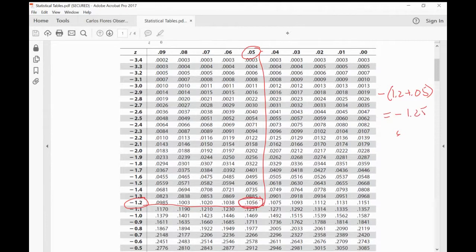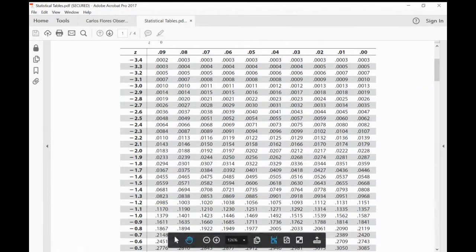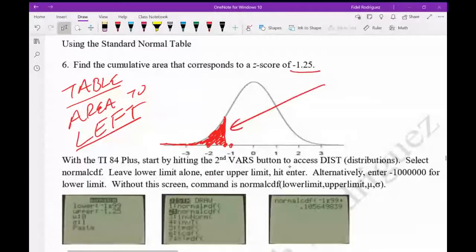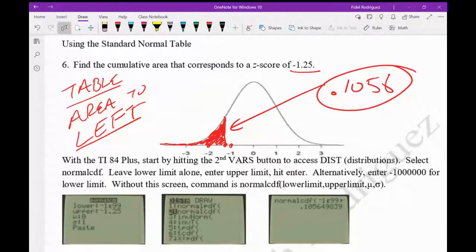So the value that I'm coming up with here is 0.1056. So all I'm going to do is stop sharing this part and come back to my notes. And right here, I'm going to say the answer for this part was 0.1056. And so I can do this using my table, and it's going to work every single time.